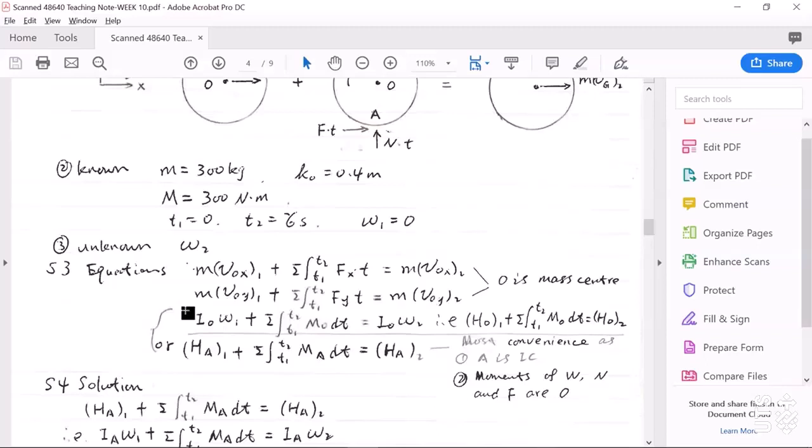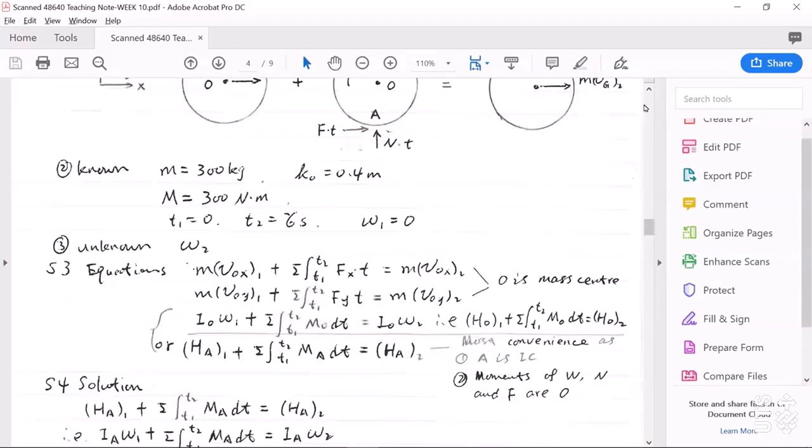The third one is the principle of angular impulse and momentum. This can be about the mass center point O, but it can also be about point A. For solving this problem, you will see using point A is most convenient. Why? Because A is the IC point.